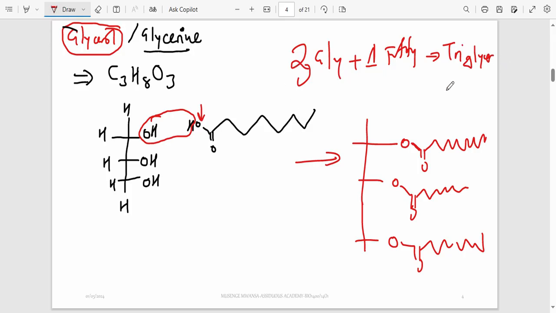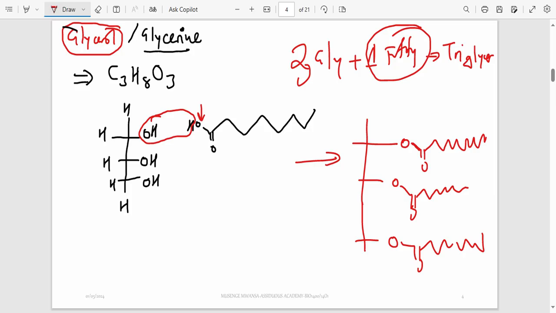Is that correct or not? It is not correct. It's supposed to be 3 fatty acids and 1 glycerol. Same with the diglyceride, same with the monoglyceride. Please take note of that, alright? That's an exam question and an important one.